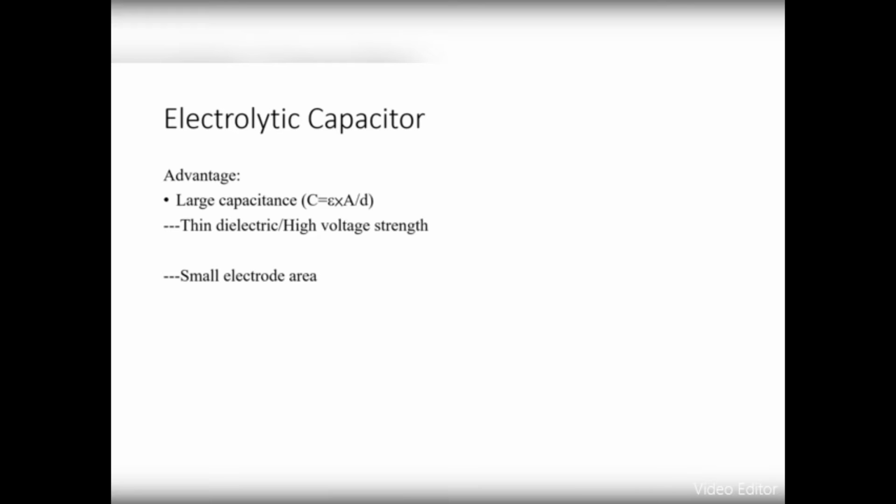This combination allows electrolytic capacitor to achieve a higher volumetric capacitance. Also, the electrode area of electrolytic capacitor is small compared to that of other capacitors with the same volume. This is one reason for the high capacitance values of electrolytic capacitor.